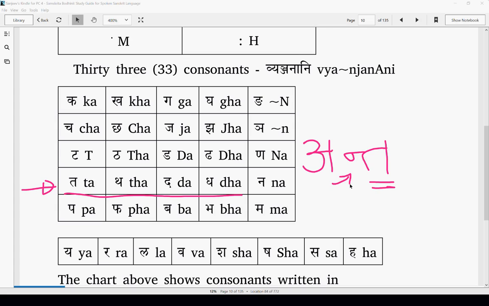Anuswara is pure nasal. Here we need to pronounce na, which is also nasal, but it is also dental, because this line is dental. It needs the tip of our tongue touching the back of the teeth. Whereas anuswara doesn't need a touch anywhere.